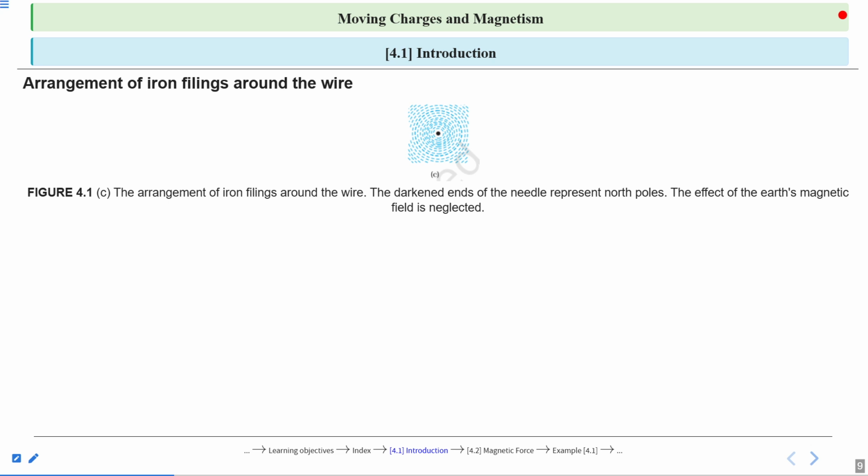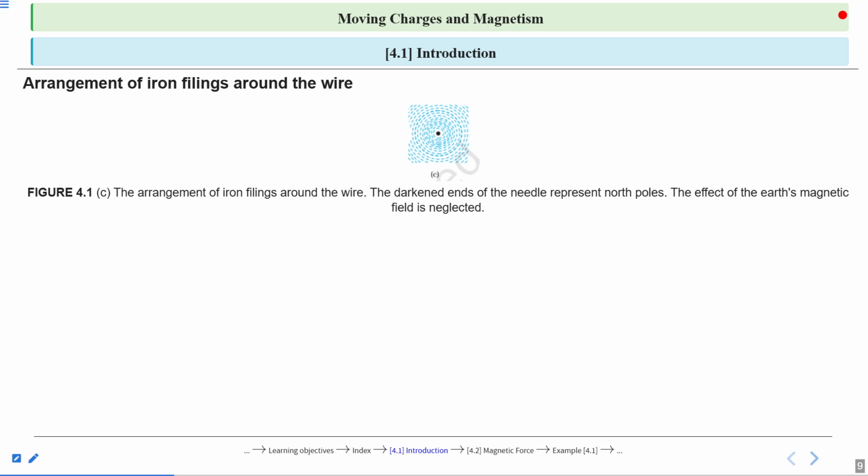Like if we are making something from iron, then after finishing or polishing it, there is a very small dust or powder of iron. So these are called iron filings, or very small components.